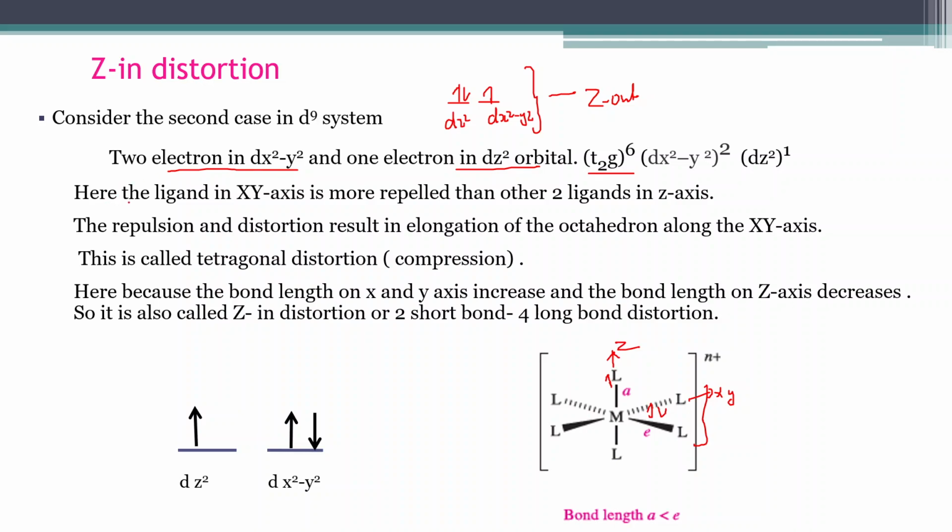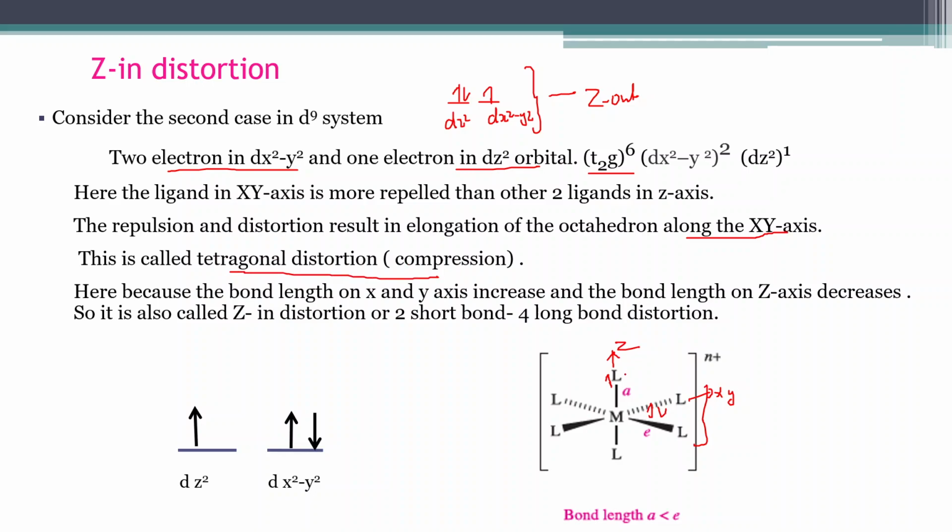Here the ligands in the xy plane are more repelled than the two ligands on the z-axis. The repulsion and distortion result in elongation of the octahedron along the xy axis. Here the xy axis is getting elongated, and this type of distortion is called tetragonal distortion compression.